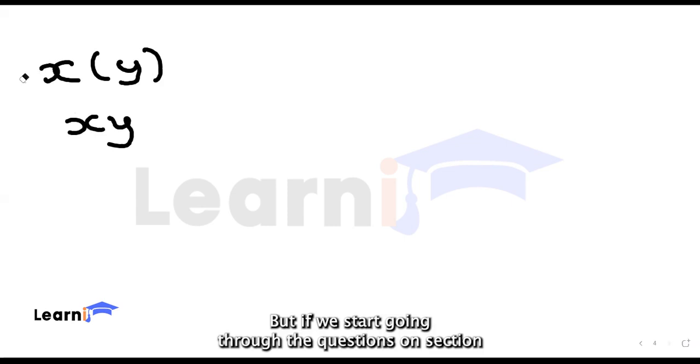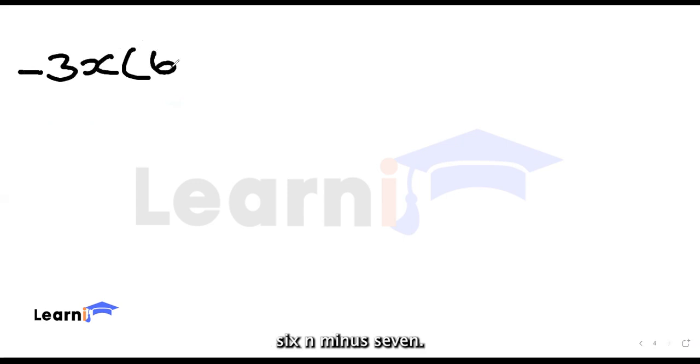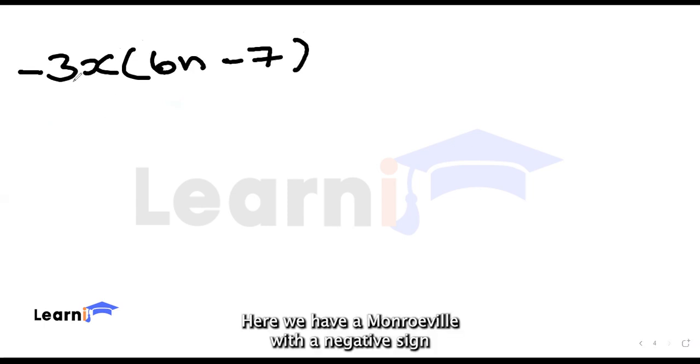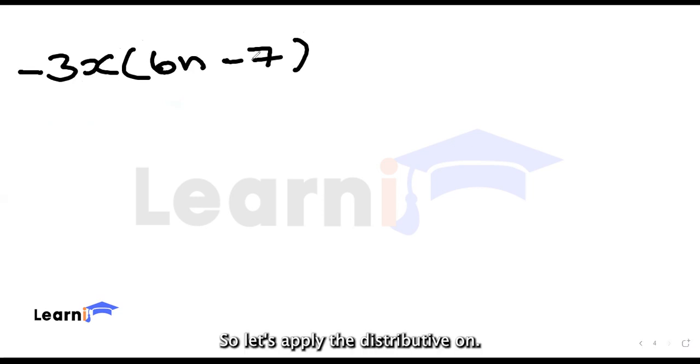Okay, but if we start going through the questions on section A, question number 1 is negative 3x into 6n minus 7. Here we have a monomial with a negative sign, which we have to be very careful with, being multiplied into a binomial. So let's apply the distributive law.